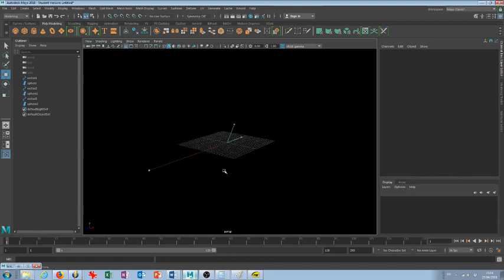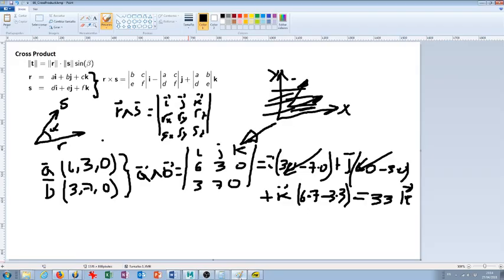It only has a z coordinate. So yeah, that's it. Some applications for the cross product: it's very interesting to calculate normals to surfaces, because of this property that results in a perpendicular vector.